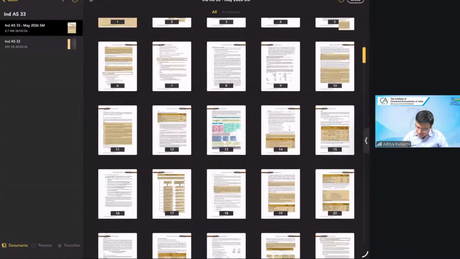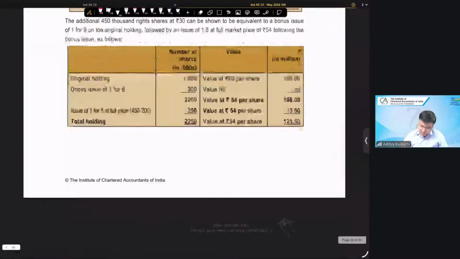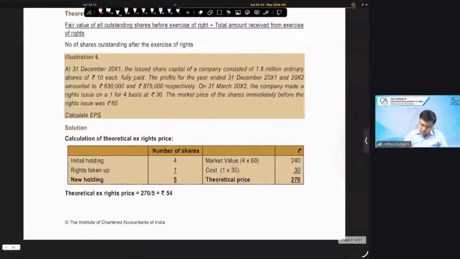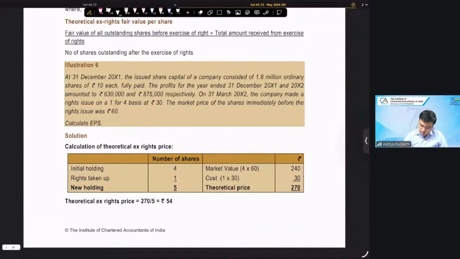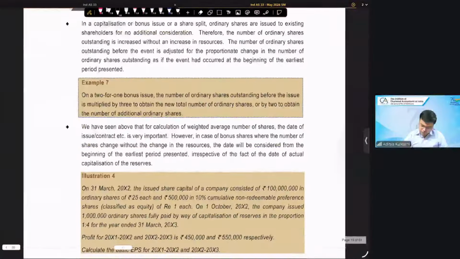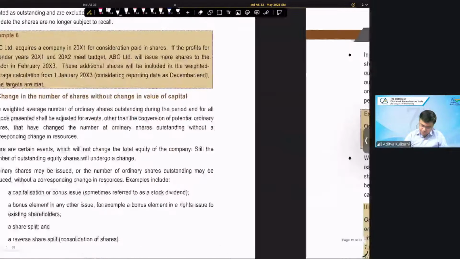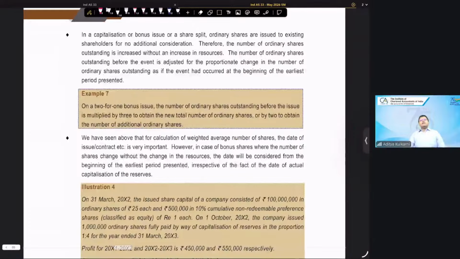Now, bonus. What do you understand by bonus shares?